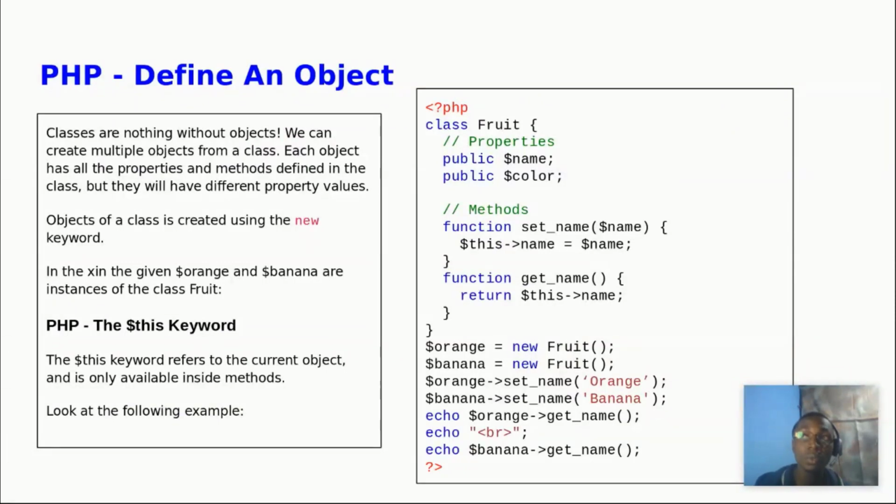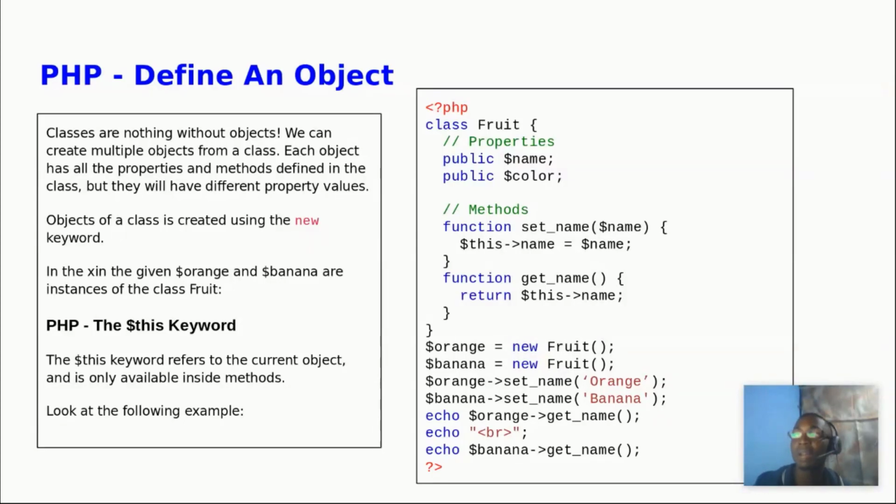We can create multiple objects from a class, and each of these objects is going to have properties and methods that may be different. I mean the values of the properties. For example, a particular fruit may be called an apple, and another fruit may be called a banana, right? So these are all objects having different data for particular properties and methods.